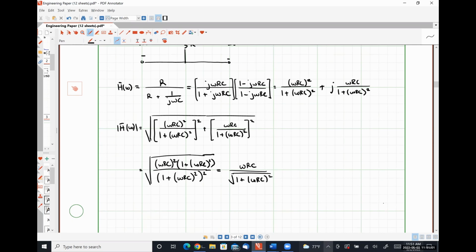If we evaluate this at 0, what do we get? Zero over square root of 1, which is 0.